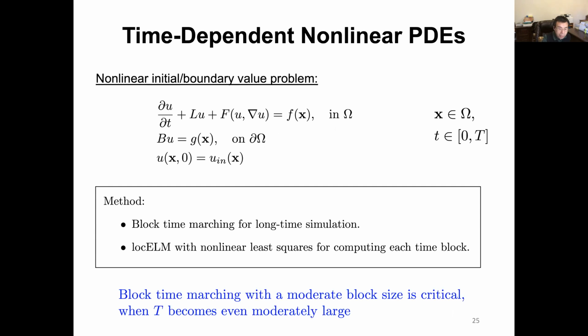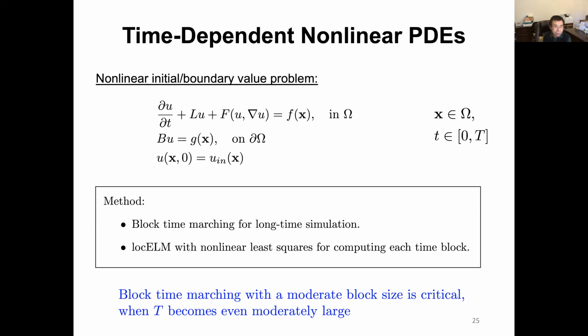Now, if the nonlinear PDE is time dependent, it's similar. For long time dynamic simulations, we can use the block time marching, and on each time block, we use nonlinear least squares to solve the system to get the values for the training parameters.